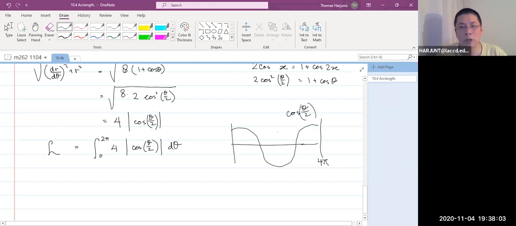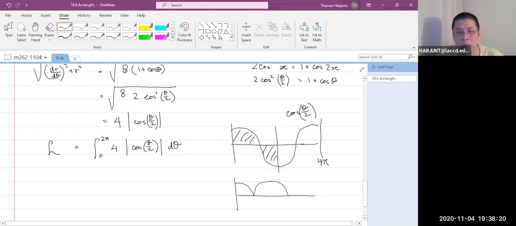Even if you integrate up to 2 pi only, the area here cancels the area there if you don't use absolute sign. Once you use absolute sign, then you see the graph actually looks like this. And the area here is the same as the area here.